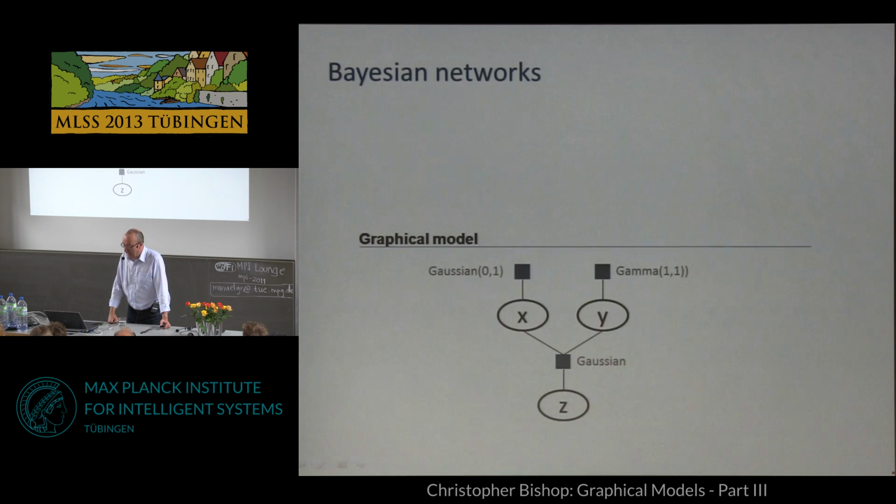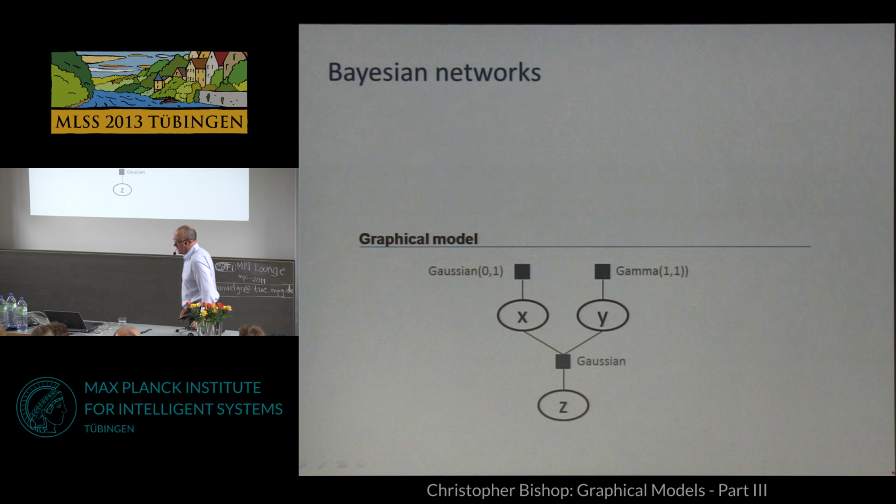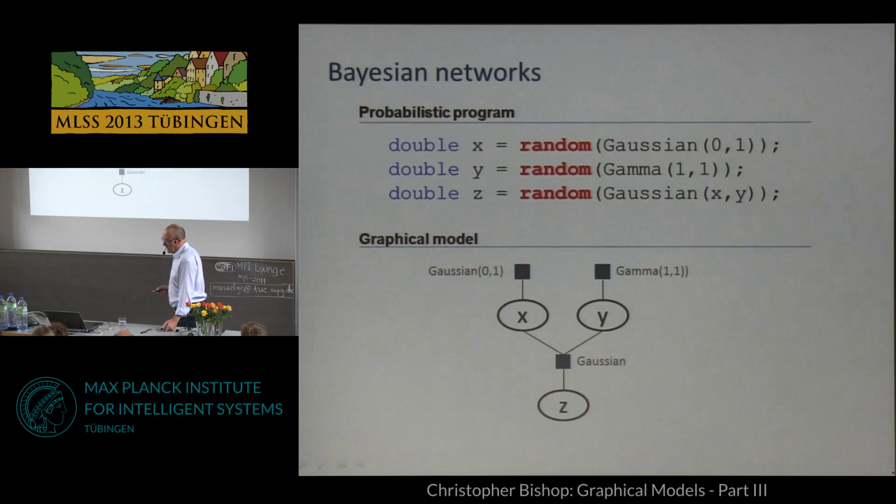What about a more complicated Bayesian network? Well, here's a directed graph. So here's a more complex graph. This is something that we saw earlier. This is a noisy measurement process, say the position of a hand. This is the unknown value of that hand position, and this is the precision of that noise process. So we have 3 variables, so we use the random keyword 3 times.